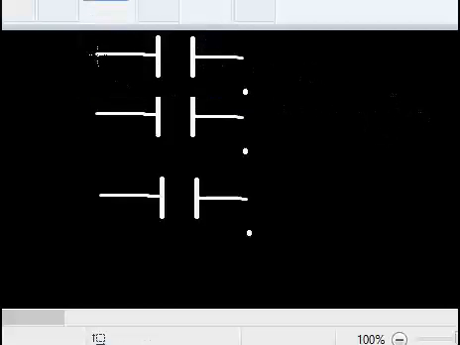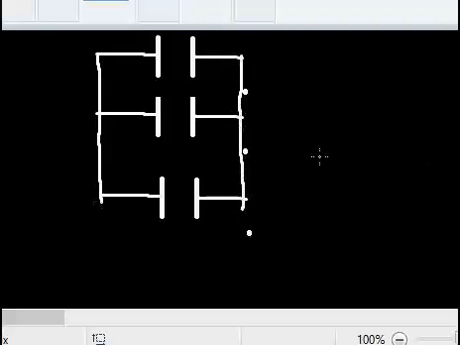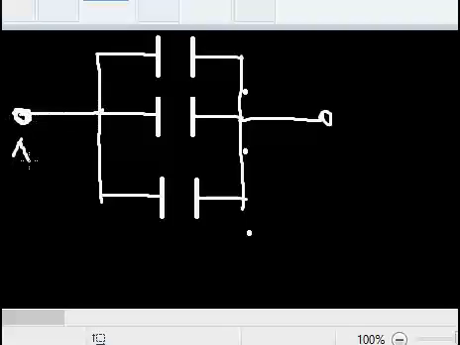When you join the positive end to the positive end, and the negative end of the capacitor to the negative end, this is a parallel connection. You can now supply them with a common voltage, VAB. Let's say this capacitor is C1, this is C2, and this is C3.